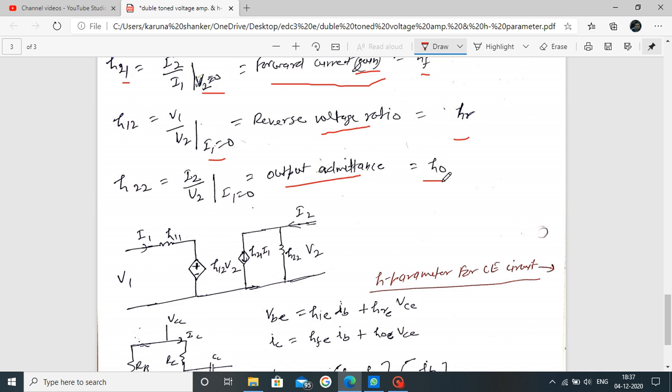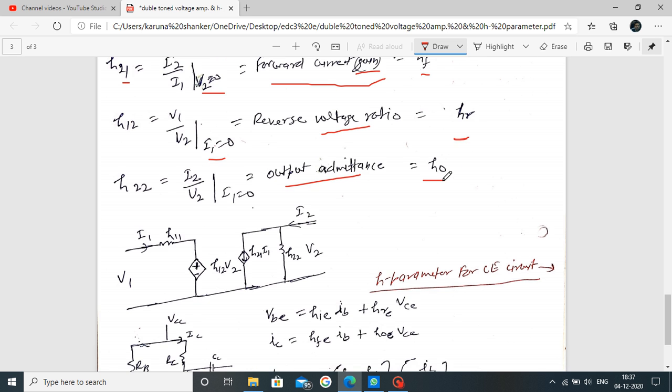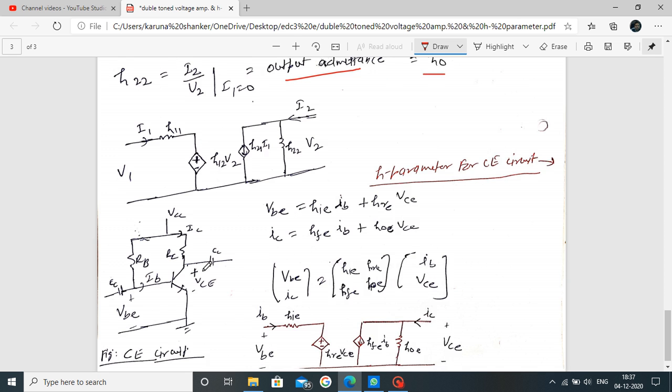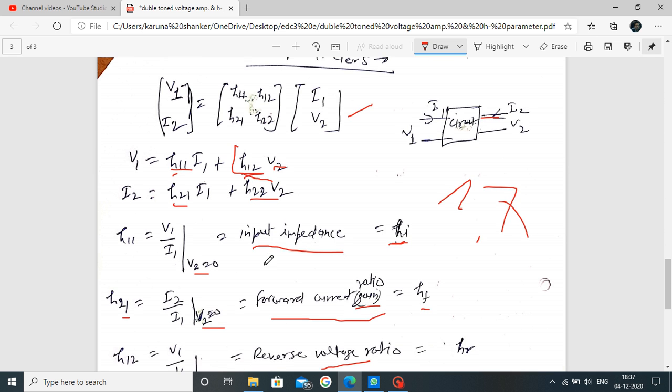Now the H parameters that we study in network theory give this equivalent circuit of the H parameter. How is this obtained? Observing this, one equation is the first equation and the other is the second equation.